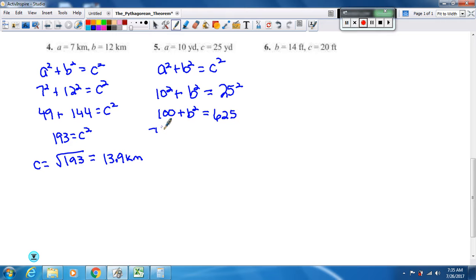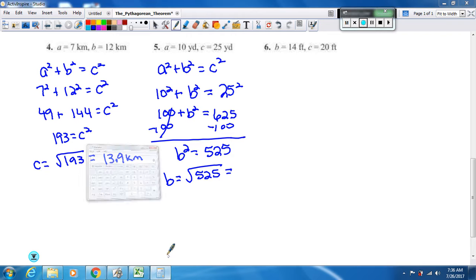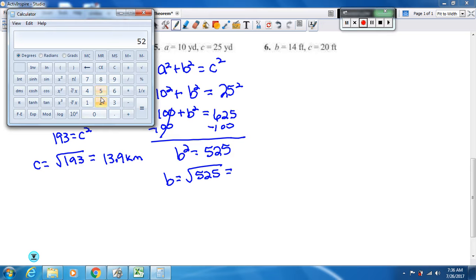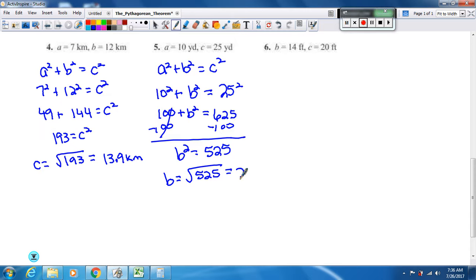Okay, I'm going to subtract out 100. So B squared equals 625, take away 100 is 525. So B is going to be the square root of 525, which equals 22.9 yards.